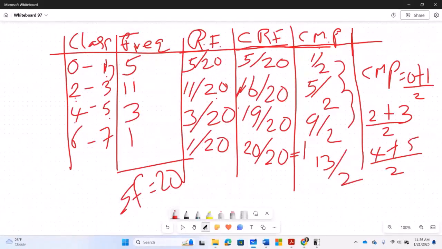The difference between consecutive class midpoints is the class weight. Okay, so actually we have made a frequency distribution table. We included a relative frequency distribution, a cumulative relative frequency, and the class midpoints. So we know a whole lot about this data right now.